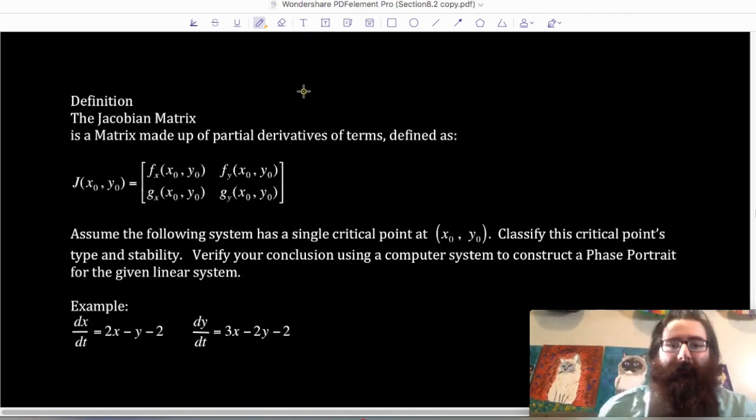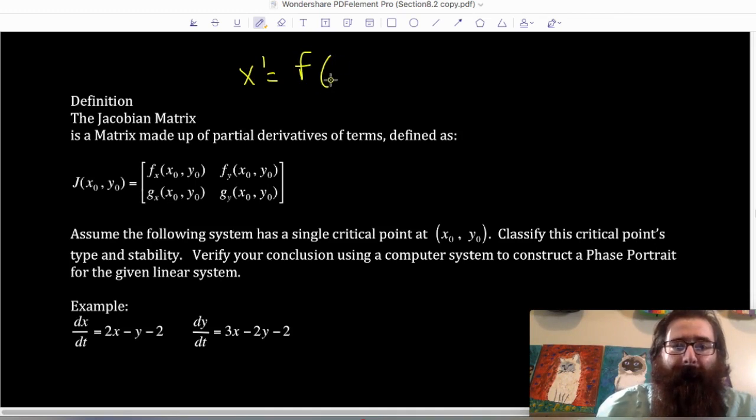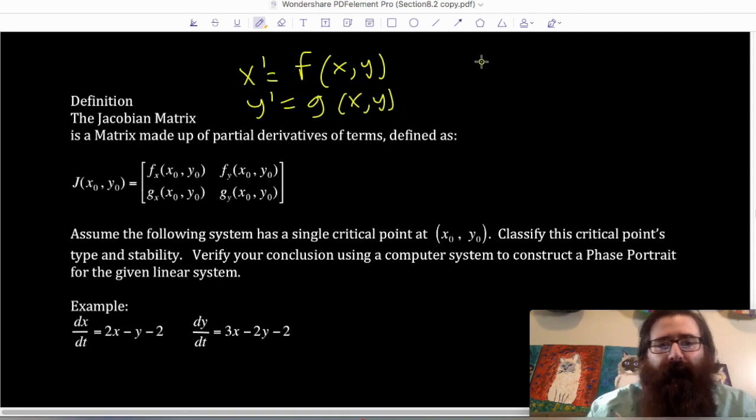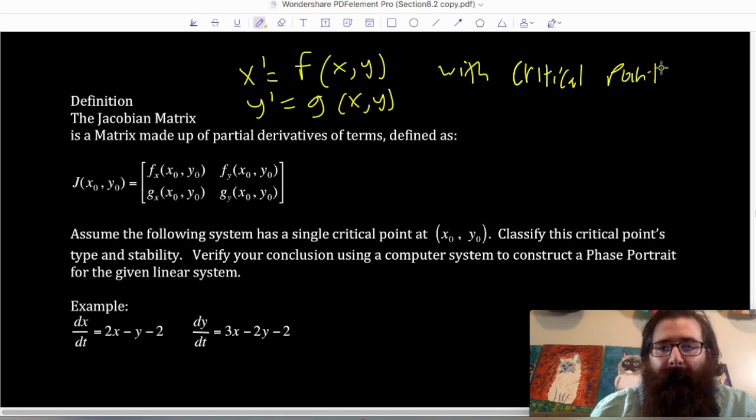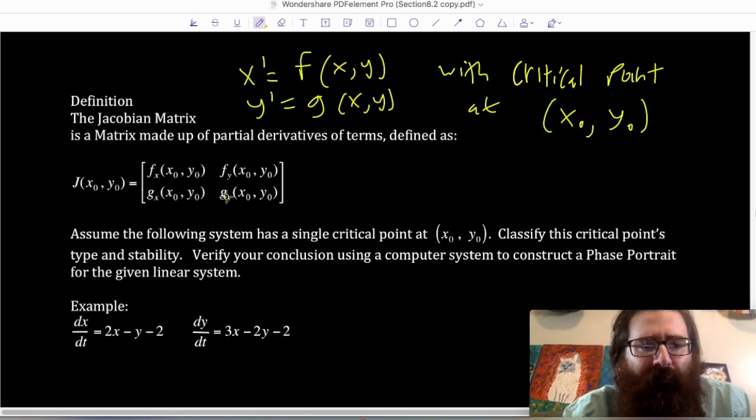We're saying that if x prime is equal to some function f, a function of x and y, and y prime is some function g, a function of x and y, with a critical point at x sub 0, y sub 0, then what we do is we build this Jacobian matrix.